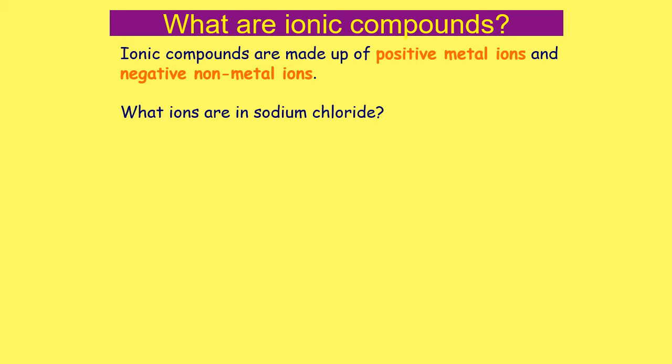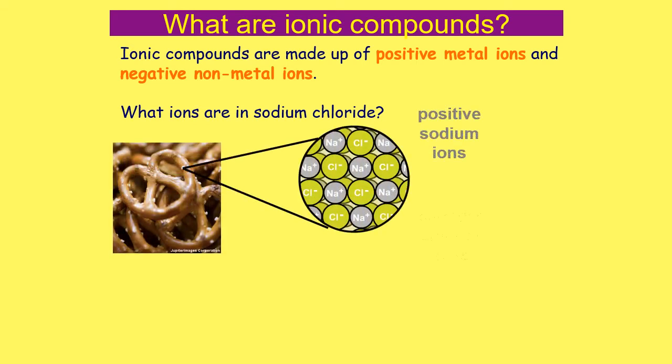And once we have our ions, negative and positive things attract one another, and because we've got these negative and positive things, they get stuck next to one another. And that's what an ionic compound is. So the ions in sodium chloride. Sodium chloride is salt. And what's happened is that the electrons from the sodium have moved and transferred over to the chlorine.